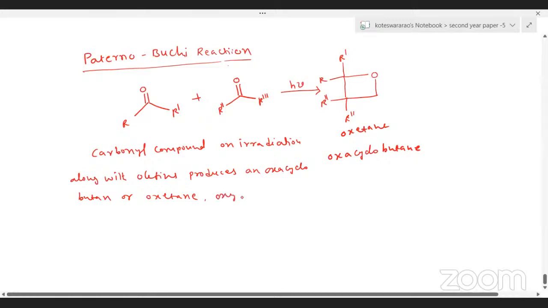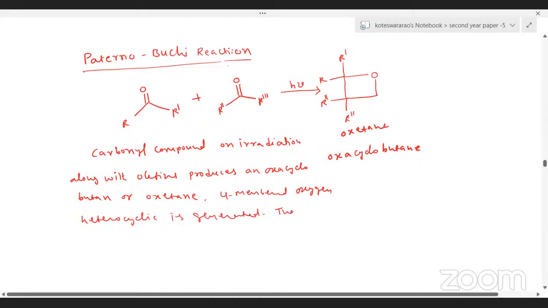A four-membered oxygen heterocyclic is generated.